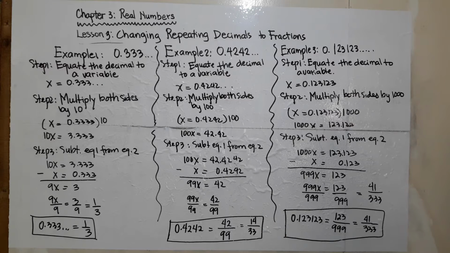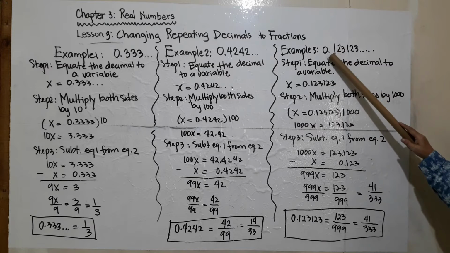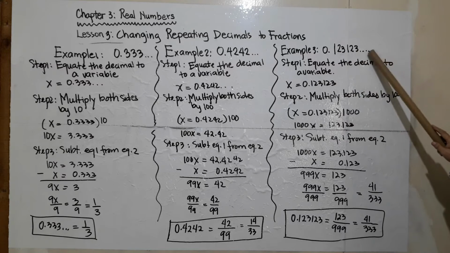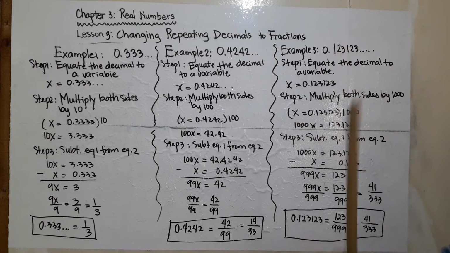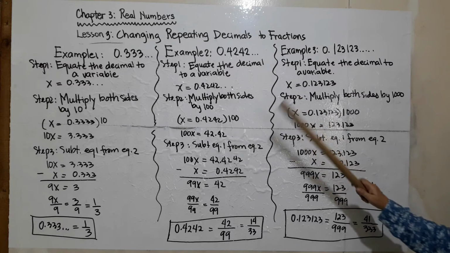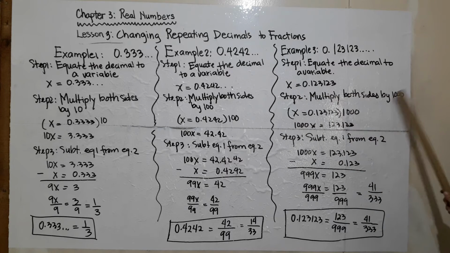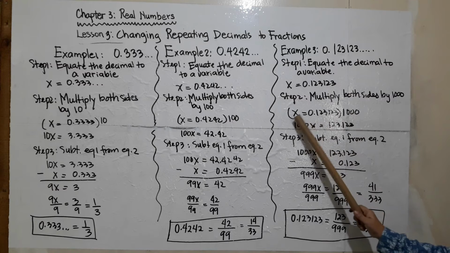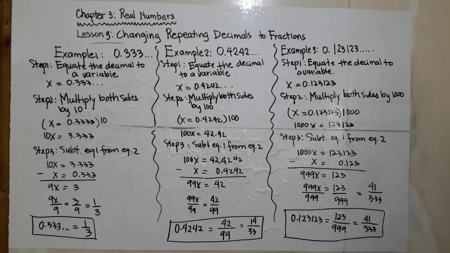Okay? For example number 3, I have 0.123123123. So there are three digits that keep on repeating. Step 1, equate the decimal to a variable. I use x for this. Step 2, multiply both sides by 1,000. So times 1,000. Why 1,000?